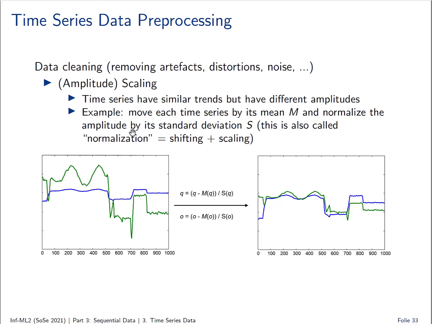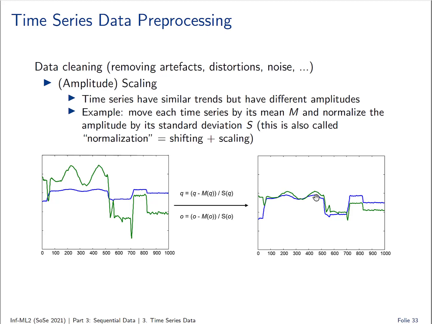That is called normalization, which typically means that we do shifting and scaling. You see the result if you do shifting and scaling, which is the blue and the green one here. Now the mean in both cases is 0 again, and also the amplitude is now scaled.